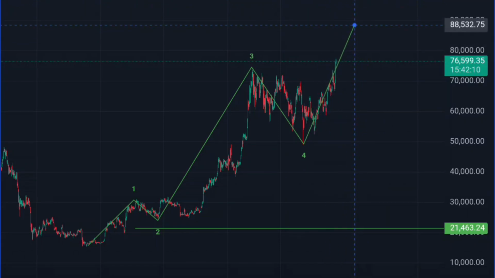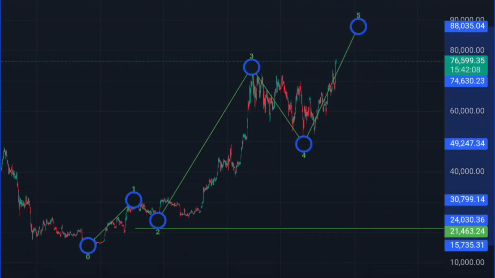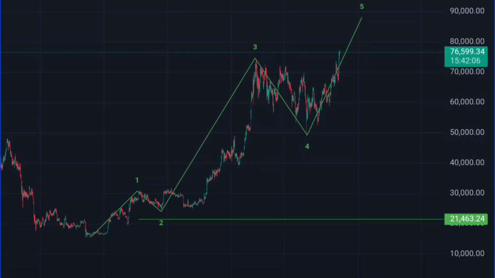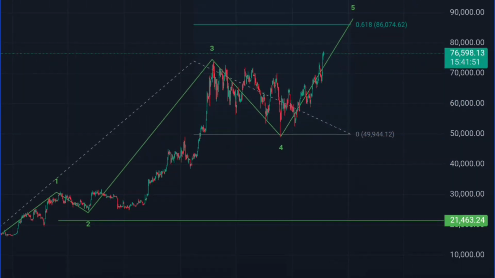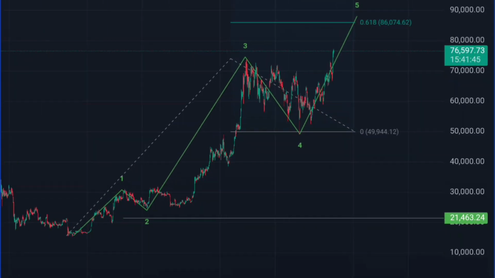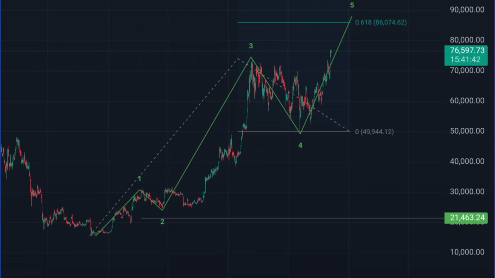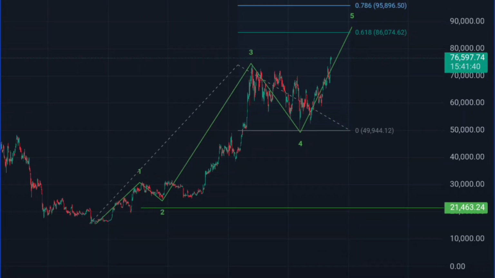Where does this extend to? Well, we could take some measurements in basic Elliott Wave format. It takes it from the low and measures wave 1 plus wave 3. So you measure that entire sequence and project it from your wave 4, giving you a target of roughly 85, 86, 87,000 dollars area for your wave 5, which is not too bad.